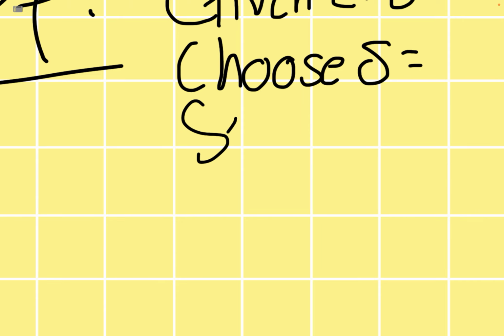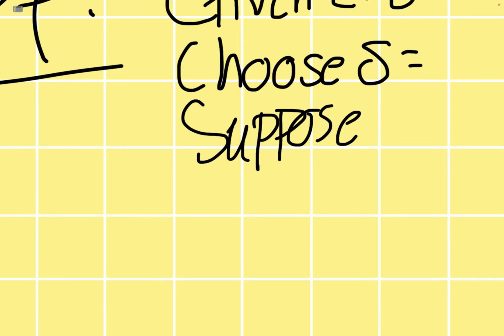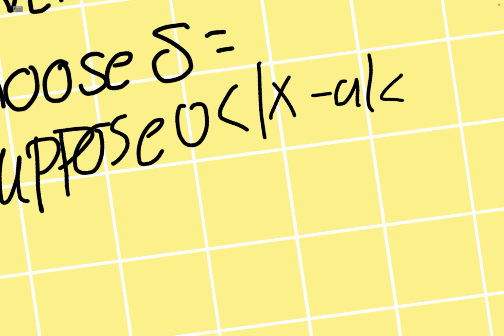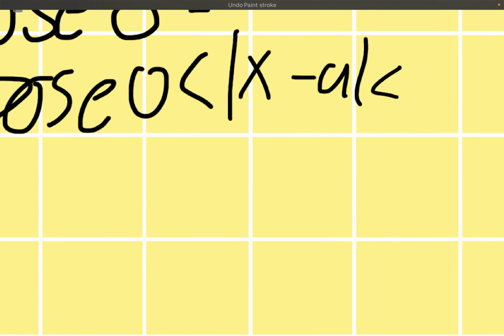And then if we suppose that 0 is less than the absolute value of x minus a is less than delta, then we have to check the absolute value of the function f of x minus the limit, the absolute value of a.